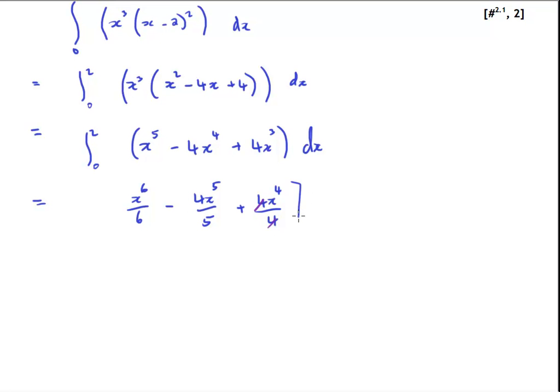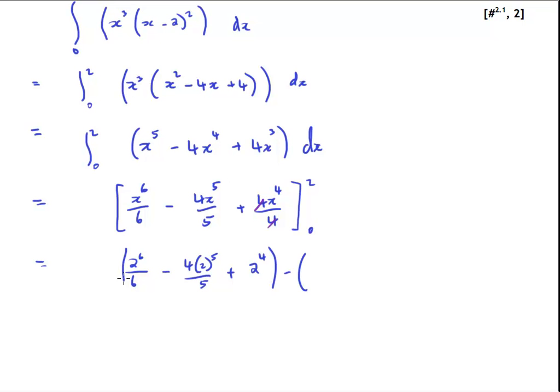We must remember that we've got our limits of 0 and 2, so we're now in a position to substitute in these limits, starting with the upper limit. We've got 2 to the 6 over 6, 4 lots of 2 to the 5 over 5, and then adding on, the 4s have cancelled there, so we've got 2 to the 4 in a bracket.